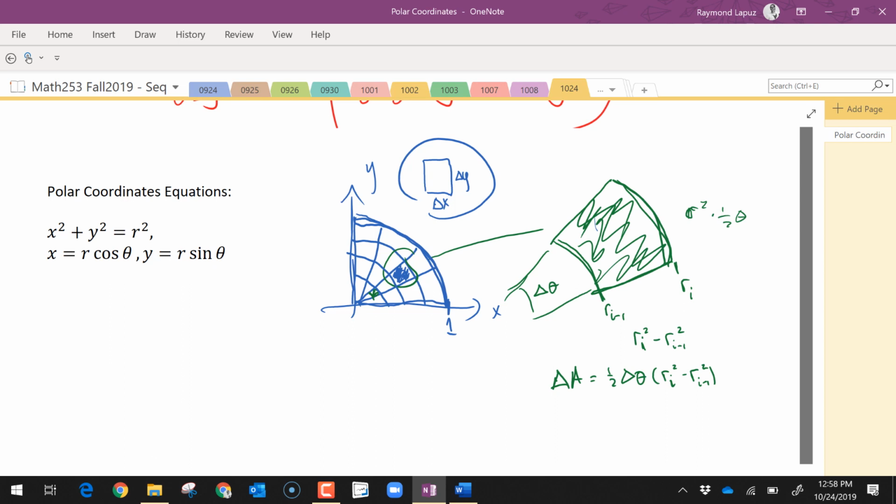It's a difference of two squares, right? I don't know what else to do, so let's see if we can factor it.